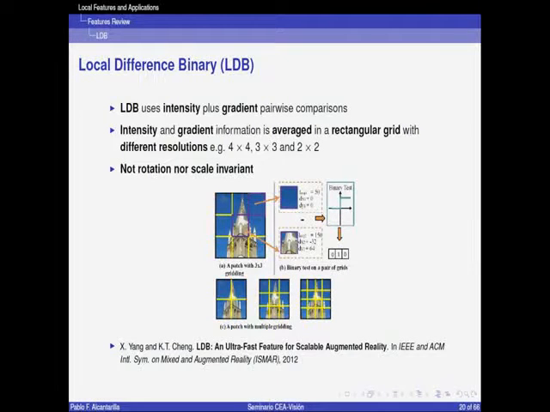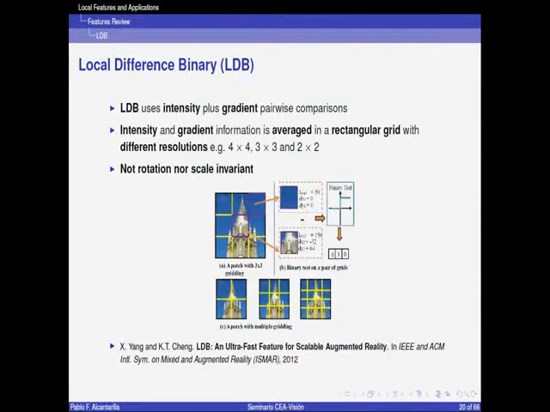There is the Local Difference Binary descriptor, LDB, which was introduced in ISMAR 2012. LDB is based on the same ideas as BRIEF, but it adds another cue for the set of pairwise comparisons. In this case, LDB uses intensity and gradient information to build a binary descriptor. The way they do it is a bit different than in BRIEF, since they compute intensity and gradient information averaged in a rectangular grid at different resolutions. Imagine that you have a rectangular patch.